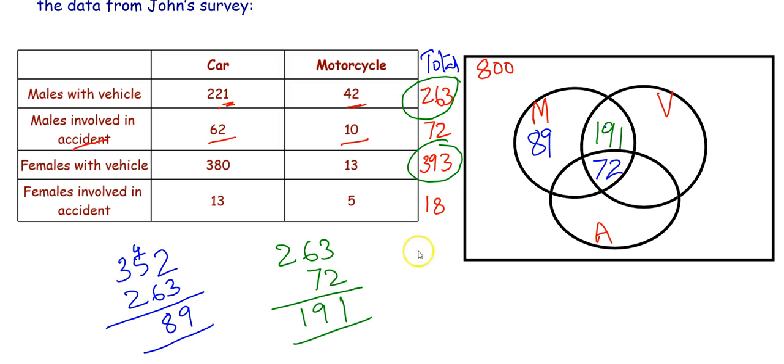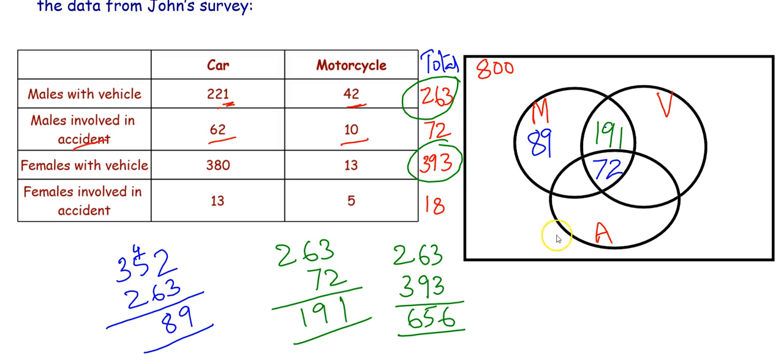Those 263 males own either a car or a motorcycle, and 393 female students own either a car or a motorcycle. So what is the total here? It is 656. So the total in the vehicles set, I should get 656.